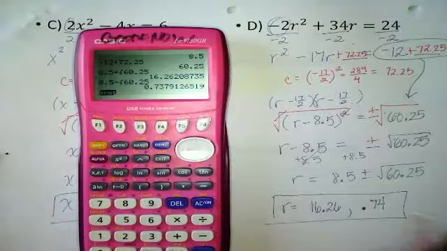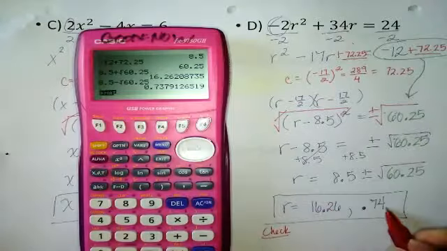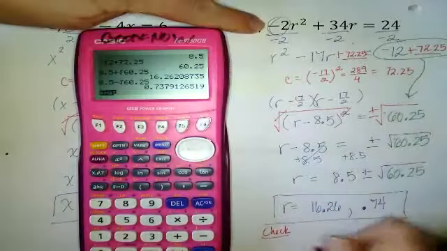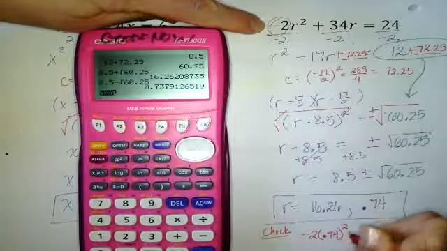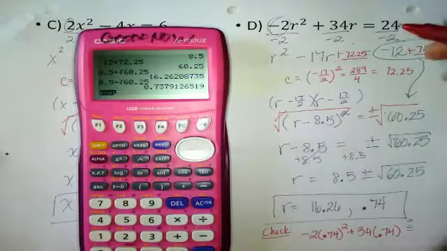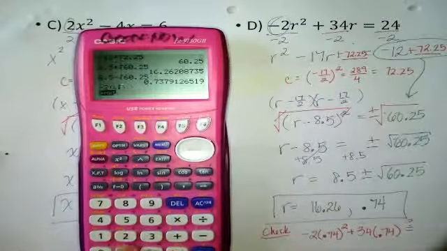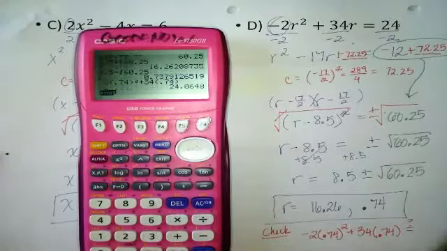Just to show you, to check, you would want to check both of them. I'm just going to go ahead and plug in the 0.74 to the original. So I'm going to plug in 0.74 and square it, and plus 34 times 0.74. And let's see what it equals, because it should equal 24. It's not going to be exact. Why is it not going to be exact? That's right, because we rounded it off. I know you said that because I heard you through time and space.